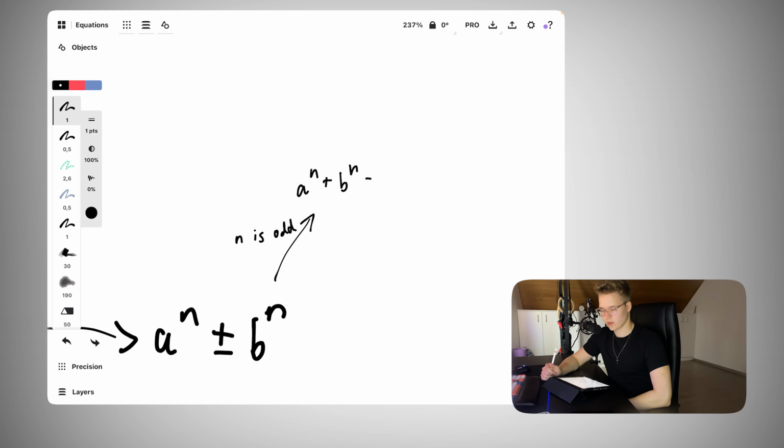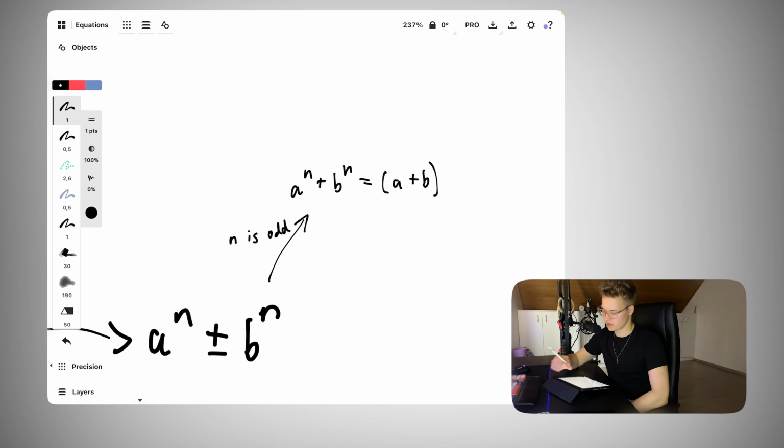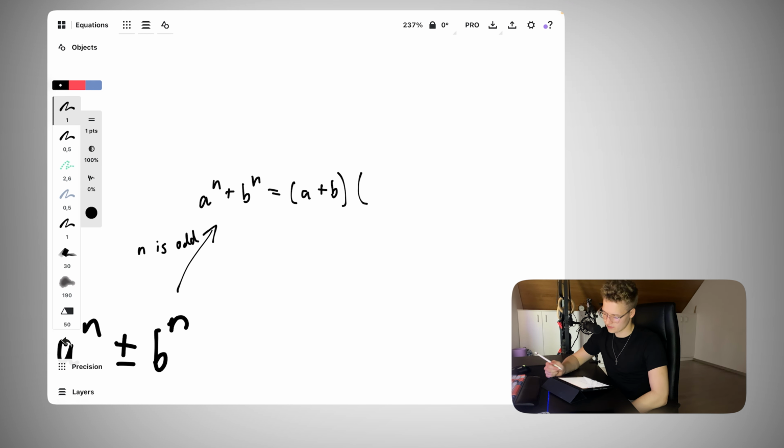Now, how does the formula go? Well, it's quite simple. We start by a plus b, so we factor a plus b out, and then we just have a to the power of n minus 1, and then we are just going to alternate plus, minus, plus, minus. So here was plus, now we're going to have minus. And then we're going to decrease the power of a by 1 each time and increase the power of b by 1 each time.